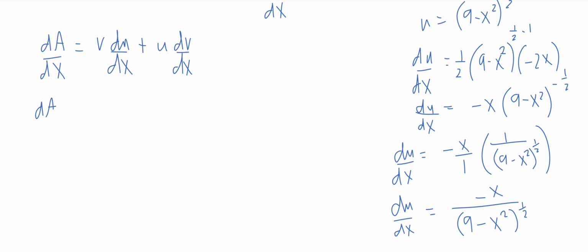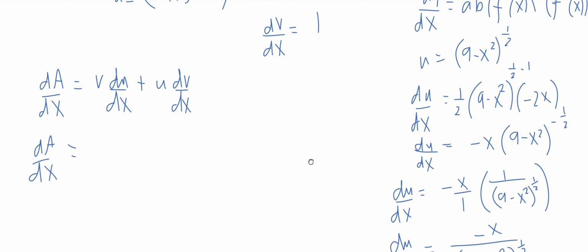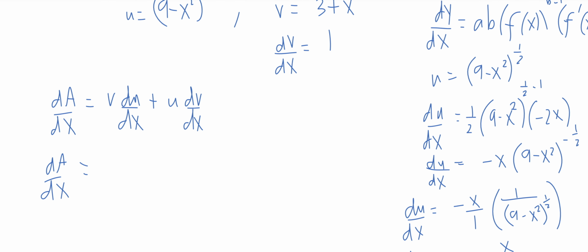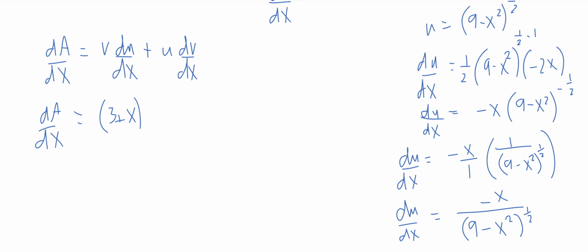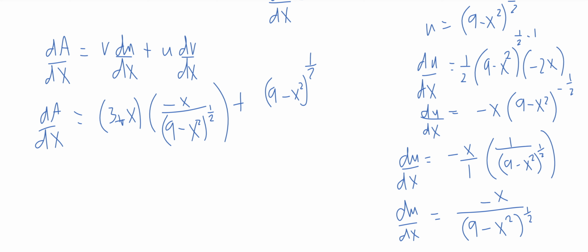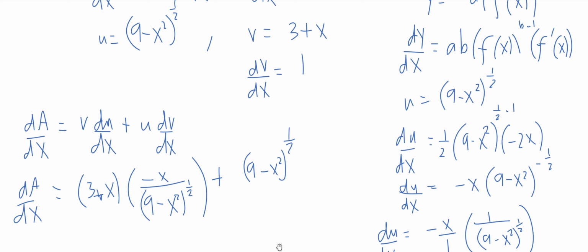And here, dA by dx equals v, which is 3 plus x, multiplied by du by dx, which is minus x over (9 minus x squared) to the half, plus u, which is (9 minus x squared) to the half, multiplied by dv by dx, which is 1.